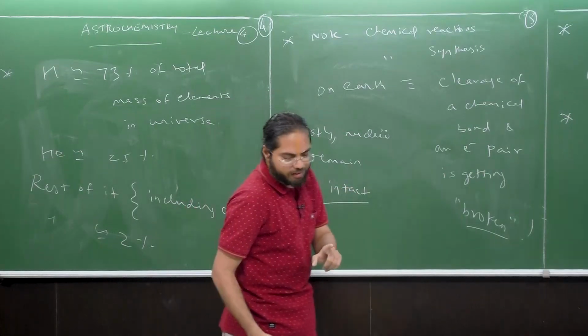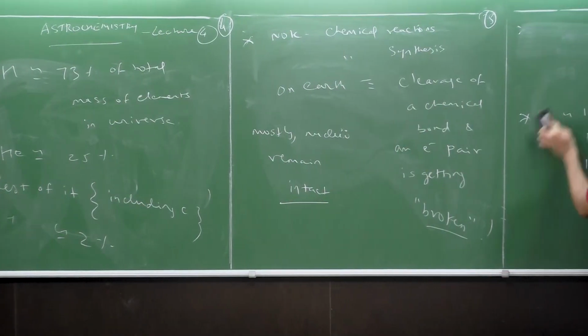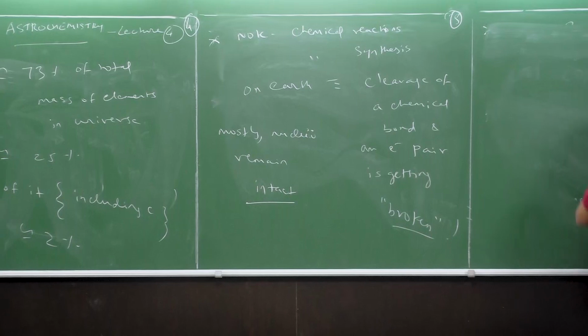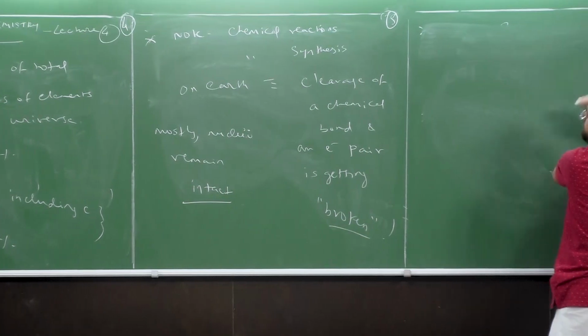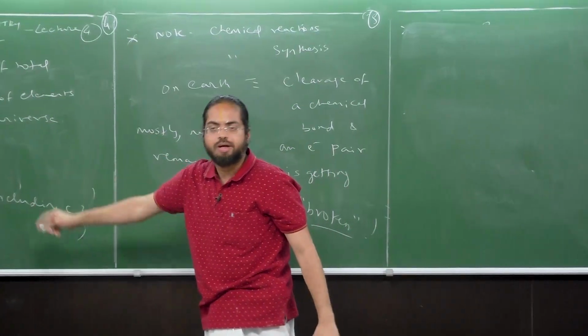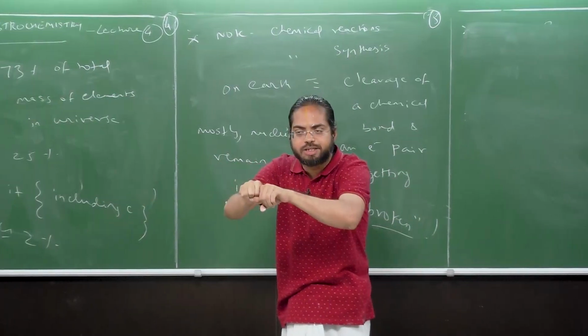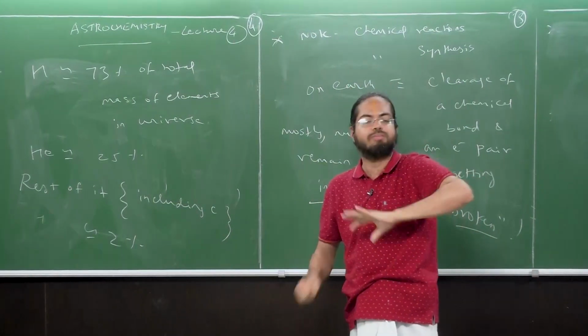However, for the formation of the smallest and lightest elements in space, they required that the nucleus actually be broken. Okay, right? So we're talking about a nuclear reaction that was responsible for the formation of hydrogen, helium, and some lithium back at the beginning.